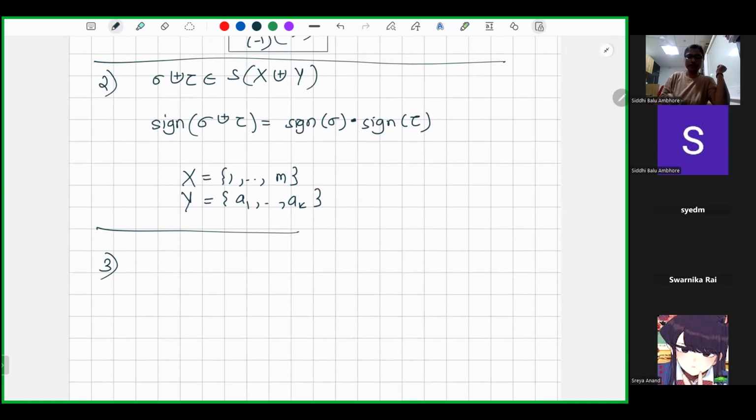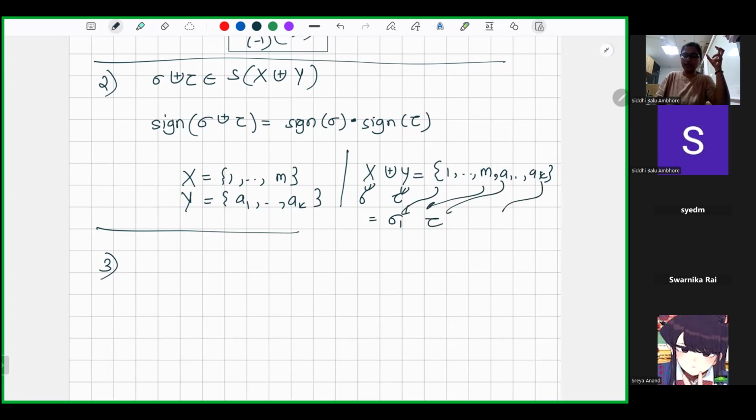Okay, so this disjoint union actually means we are just taking this as a set now, and A1 to AK. And now we are taking any sigma and tau here. So this sigma will be here and this tau will be some element from this Y. So essentially it is sigma 1 coming from these M elements and tau coming from these K elements.